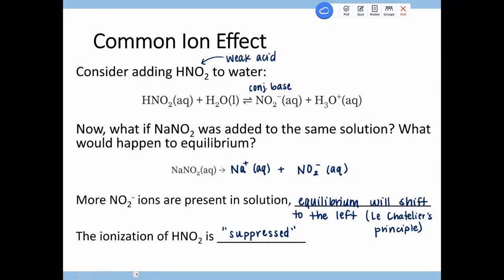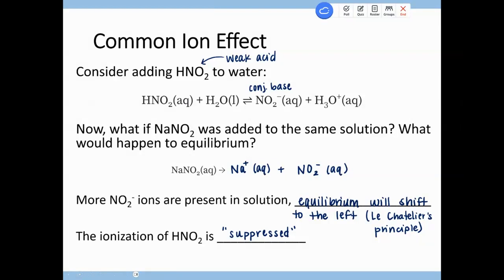If you also add a source of NO2 minus, together those create that buffer, because you need an acid and a base that are conjugates of each other. But we don't write them both like this, with HNO2 on the left side, because they don't react with each other. Just one is the acid, one is the base. And so one will be on the left, one will be on the right.